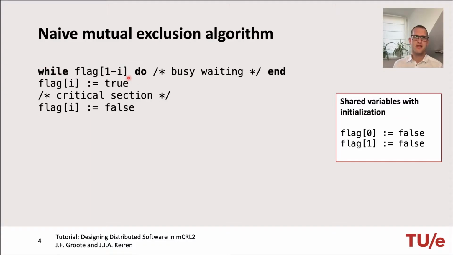When the flag of the other process becomes false, it sets its own flag to true, executes the critical section, and when it's done, it sets its flag to false. Initially, of course, both processes are not in their critical section, so the flags are false. We'll see later on that this does not satisfy the mutual exclusion requirement, and you may already give some thought as to why this is the case.